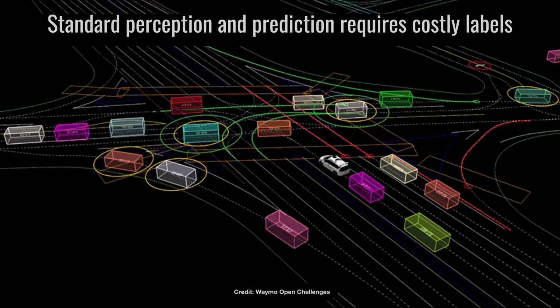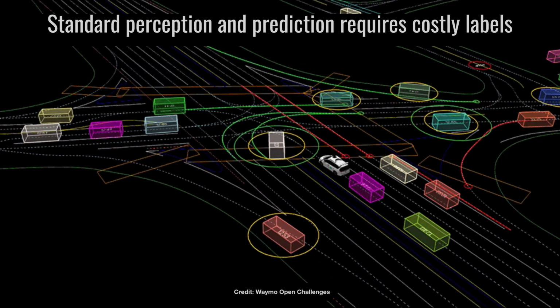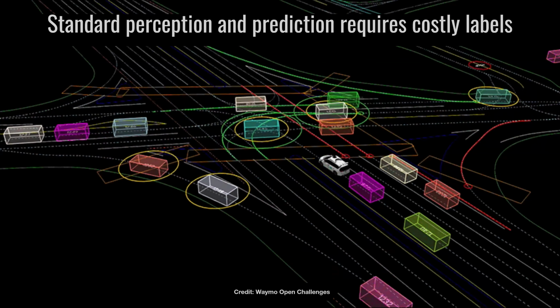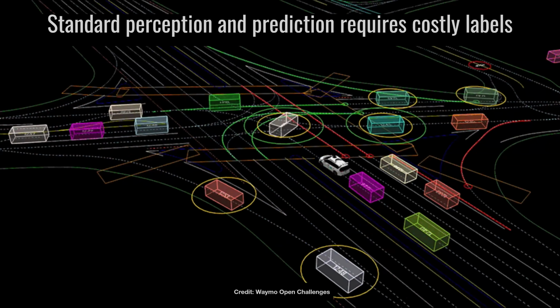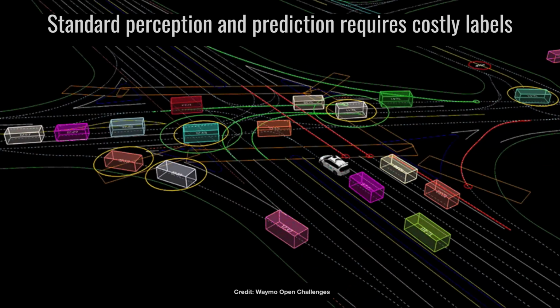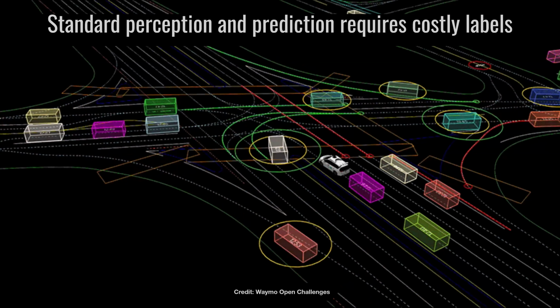But this annotation process is not really scalable. So we want to encourage tasks and methods that do not rely on these annotations and are rather self-supervised, so that they can take advantage of the enormous amount of data that is being collected by autonomous fleets every day.